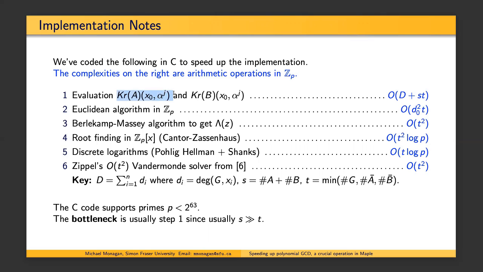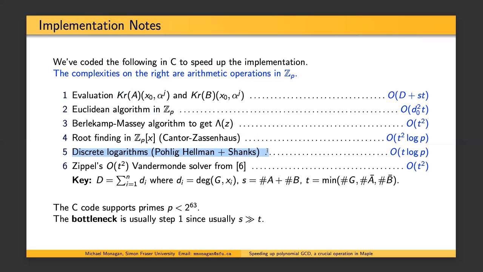I had to code evaluation of the polynomials at alpha to the j in C. I coded the Euclidean algorithm in C. I coded the Berlekamp-Massey algorithm in C. I coded the root finding algorithm in C. That's the Cantor-Zassenhaus algorithm. We need to compute discrete logs. I coded this in C.